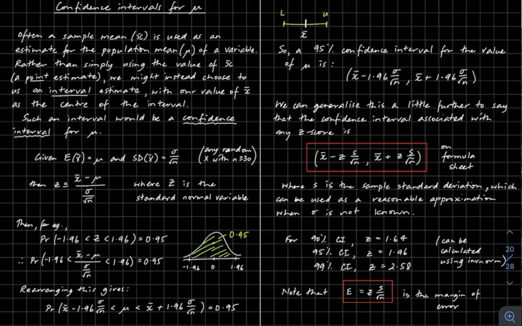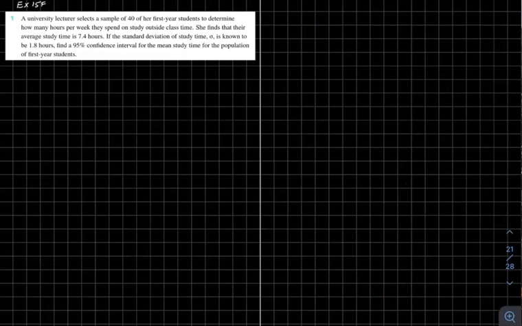Alright, let's consider an example. Here we are, question 1 from exercise 15F. We're told that a university lecturer selects a sample of 40 of her first year students to determine how many hours per week they spend on study outside of class time. She finds that their average study time is 7.4 hours.